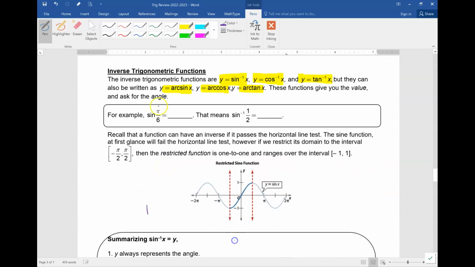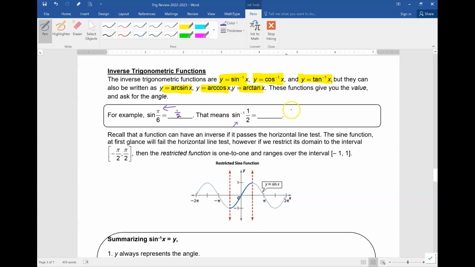So for example, until now we've been doing this, sine of pi over 6. Well, we did it a couple pages ago. We said it was 1/2. So now let's go the other way. Suppose you were given this: inverse sine of 1/2 is what? This is telling you what angle gives you a sine of 1/2.